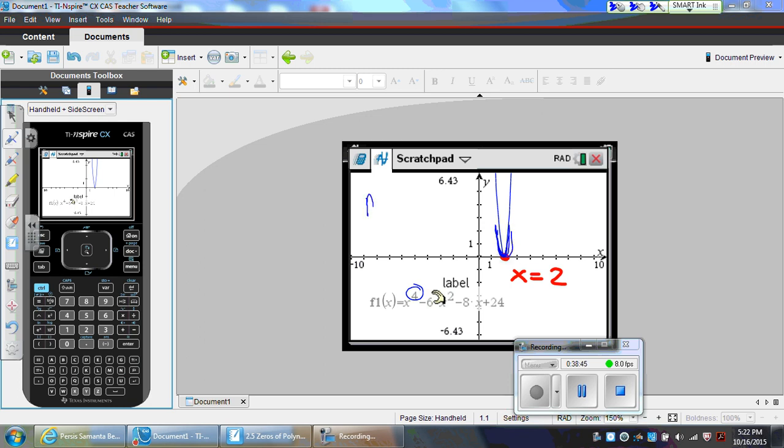And so that reminds me of something called multiplicity. So in fact, that happens when a zero is of even multiplicity. So what I'm going to see is if it's true that the zero occurs 2 times or maybe 4 times. So let's see.